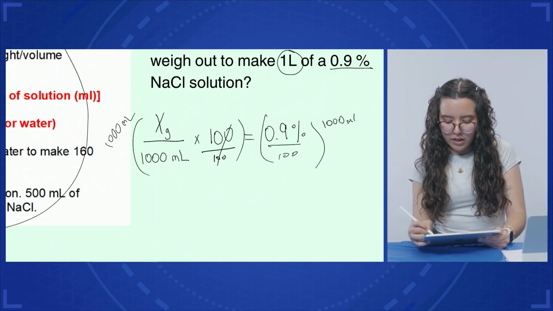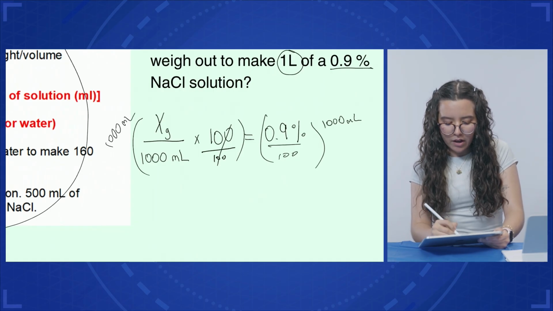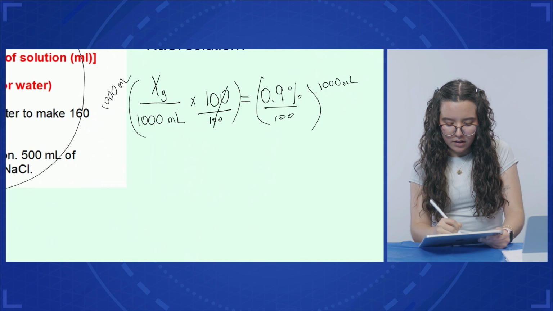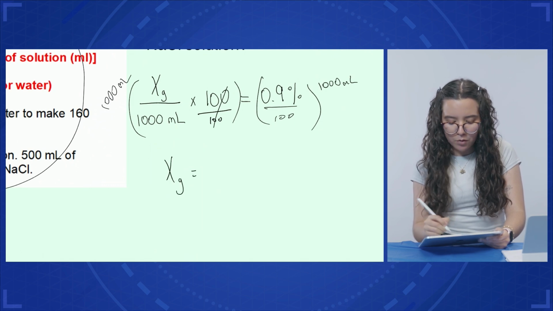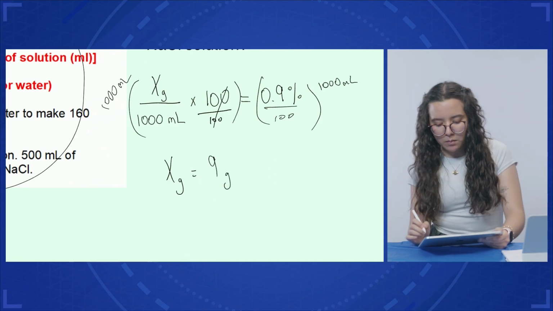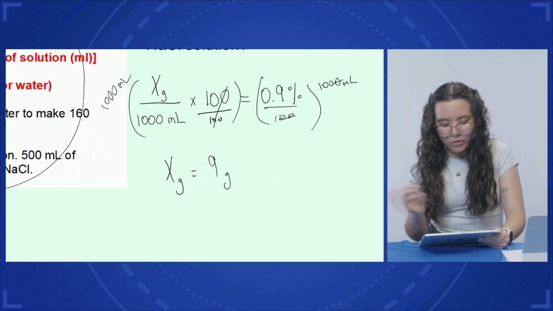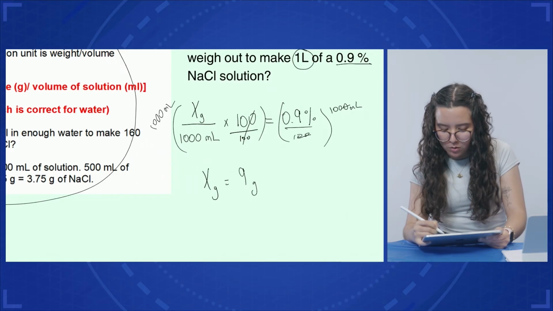It's looking a little crazy now, but I just multiply that all out, and then we have our unknown X number of grams, and it comes out to 9 grams. You can also figure that out by canceling out the zeros and moving a place over. But we have 9 grams of sodium chloride.